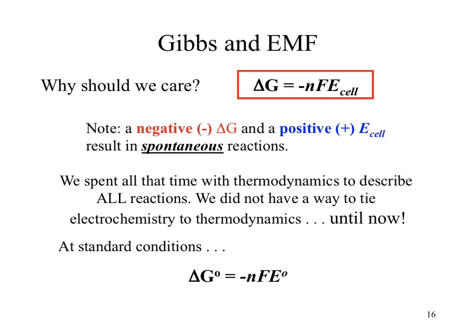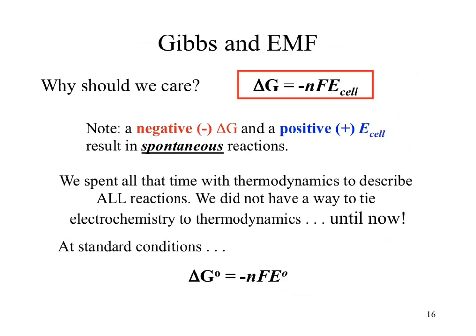If we go back to spontaneous versus non-spontaneous, a negative delta G was a spontaneous reaction. When we look at our cell potentials, we said our cell potentials needed to be positive. How can we match those two theories to each other? We have to incorporate that negative sign. That's what that negative is doing. We took two individual theories, our thermodynamics theory and our cell potential theory.